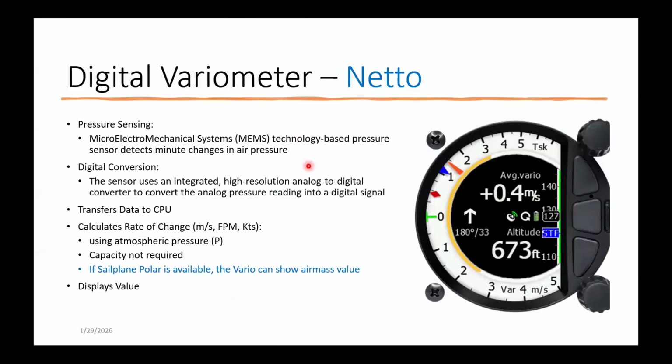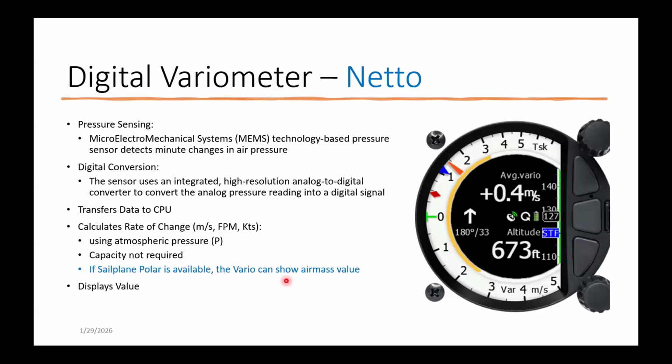Most of the electronic variometers anymore have a netto function in them. And basically what happens is if you have the sailplane polar, if you can get the polar in there either by putting in the coefficients for the quadratic equation, or there's three different ways of representing the polar, so don't worry about the specifics.